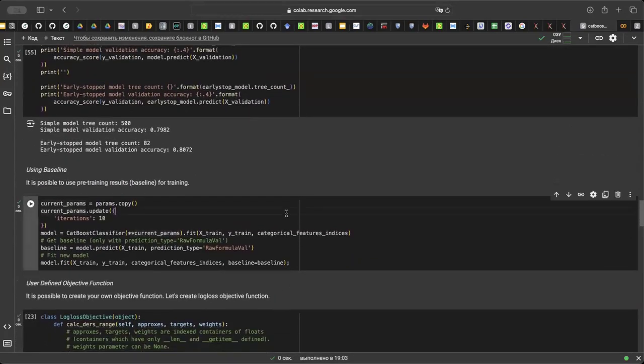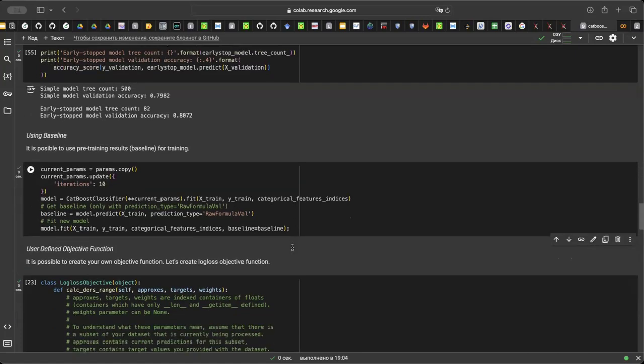There is also such a thing as baselines, which you can use with this framework.